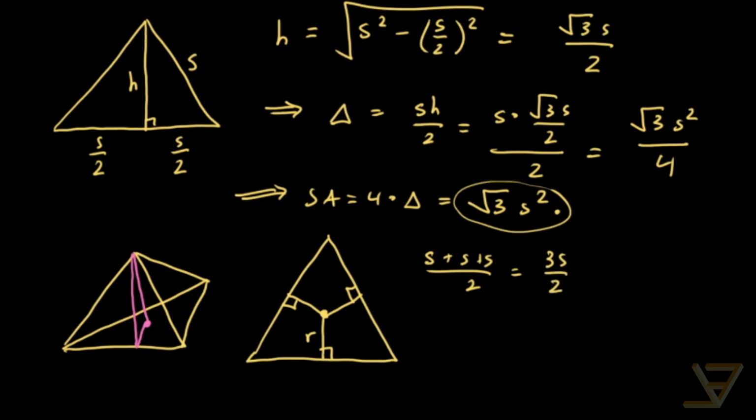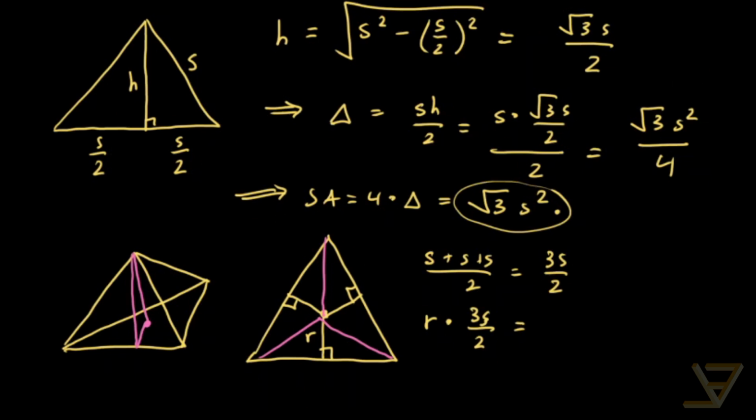And what we know is that r times the semi-perimeter, which is 3 s over 2, is equal to the area of the equilateral triangle. And you can figure that out by splitting the triangle up like this into three pink triangles.